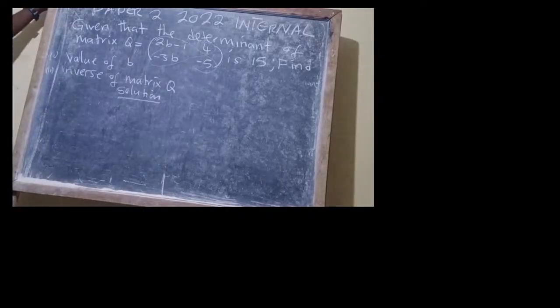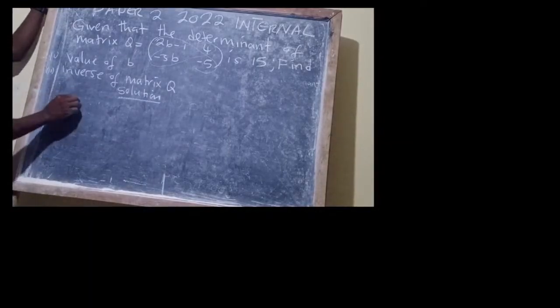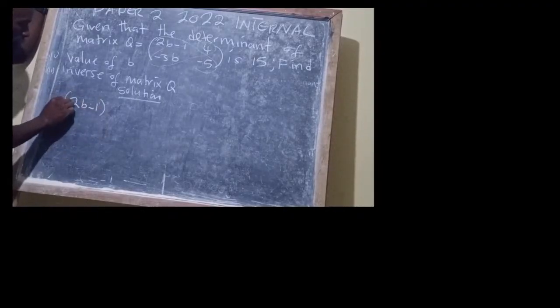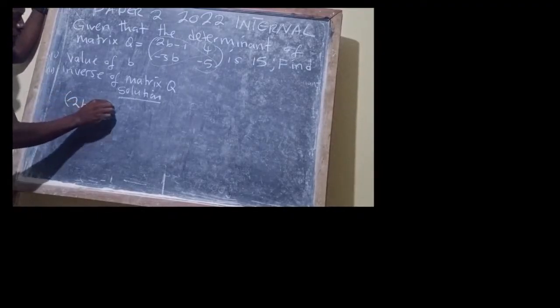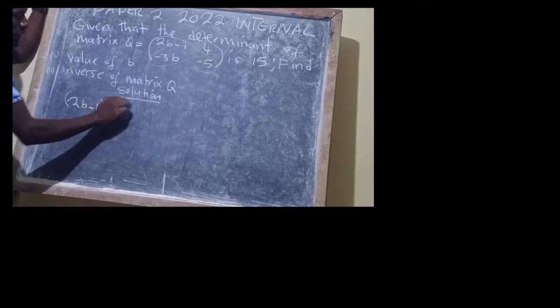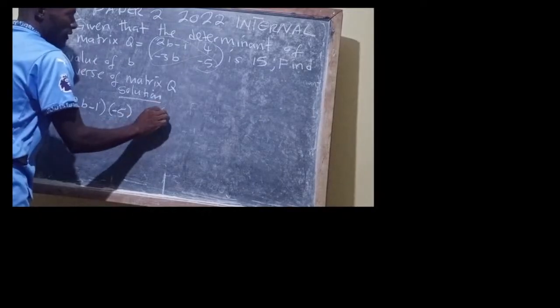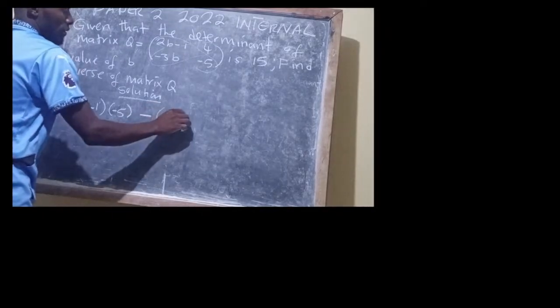So how do we find the determinant? How do we find a transpose? A transpose of a matrix is found by replacing the rows by the columns.